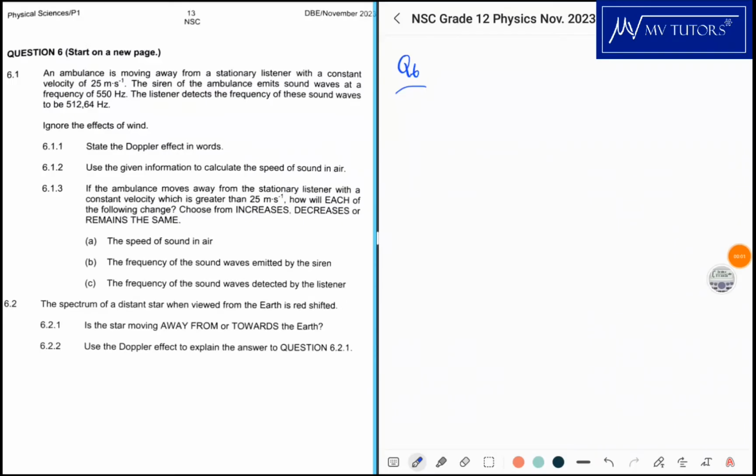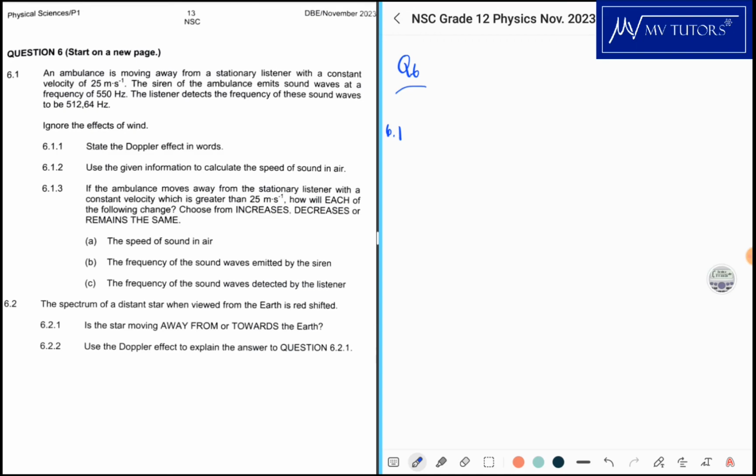We've done the first half of this paper. Now we're left with the last half. Now, 6.1. An ambulance is moving away from a stationary listener with a constant velocity of 25 meters per second. The siren of the ambulance emits sound waves at a frequency of 550 hertz.